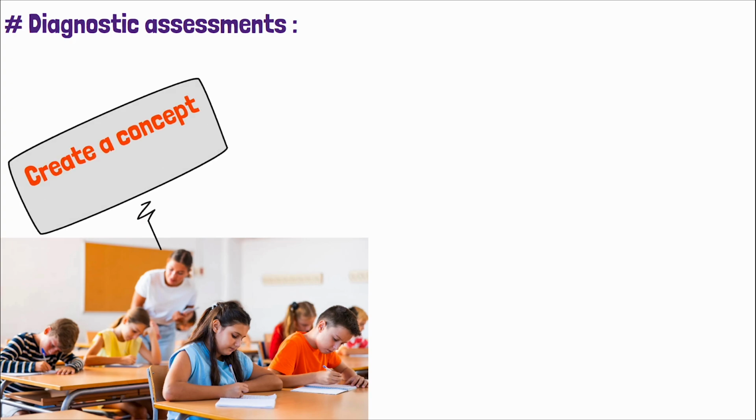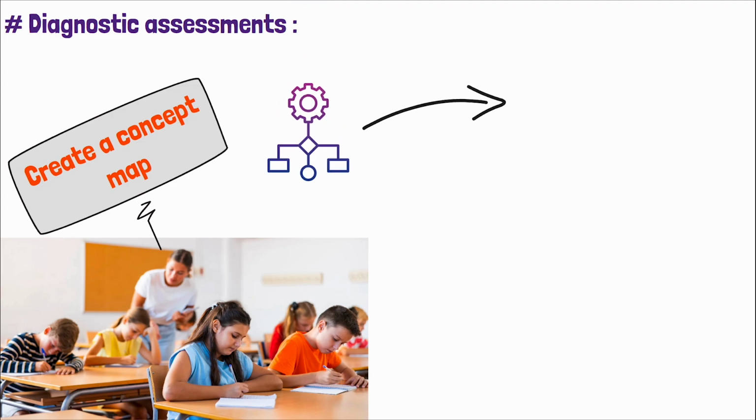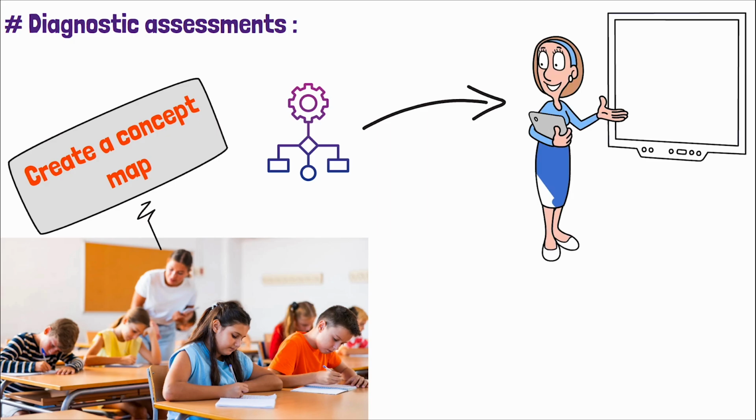Diagnostic assessments are also an essential part of the assessment process. For example, on the first day of their study of electricity, students might be asked to create a concept map showing what they already know about the topic. This activity helps the teacher identify students' prior knowledge and misconceptions, providing a starting point for instruction.